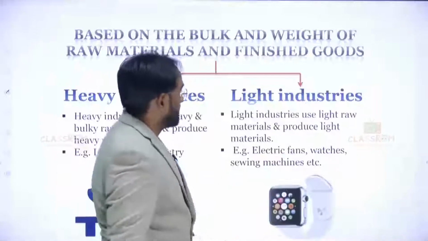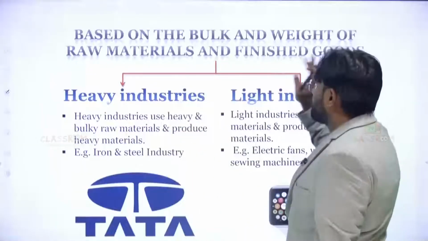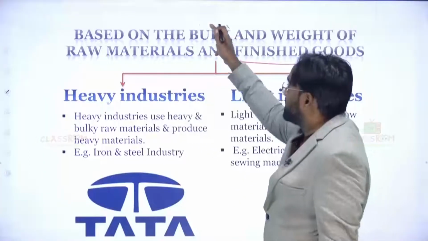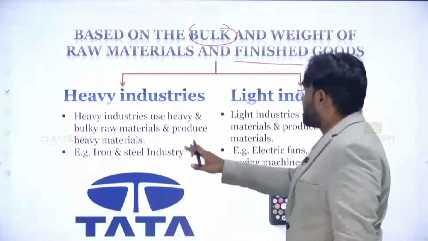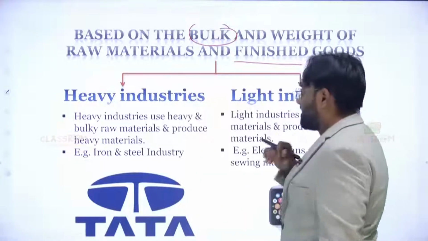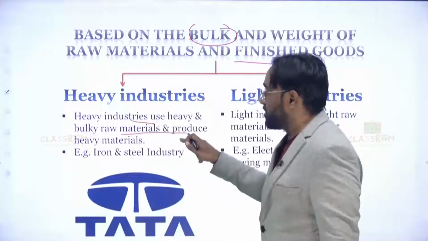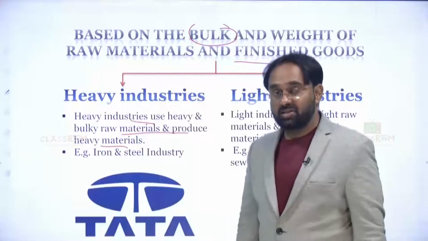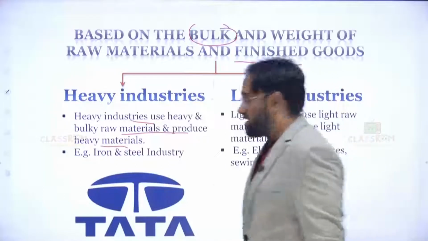This is cooperative sector. See here, based on the bulk and weight of raw materials and finished goods, there are heavy industries and light industries. Heavy industries use heavy and bulky raw materials and produce heavy materials: iron and steel industries, Tata Steel, heavy industries.